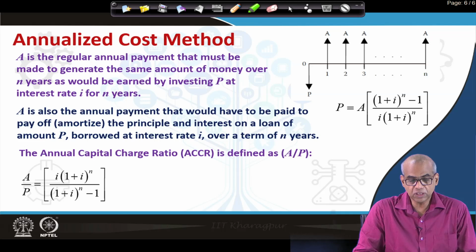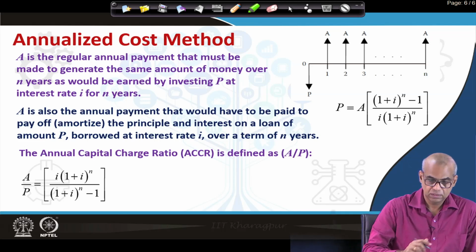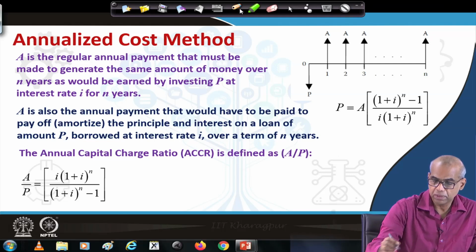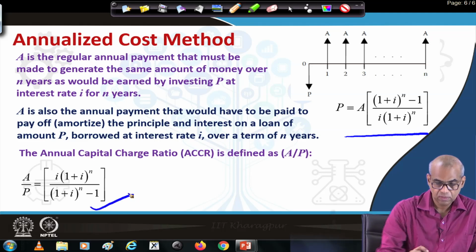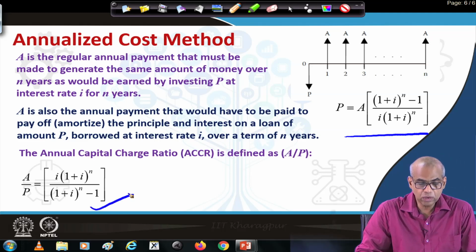The annual capital charge ratio is defined as A by P. So, you can find out A by P from here, which is I into 1 plus I to the power n divided by 1 plus I to the power n minus 1.